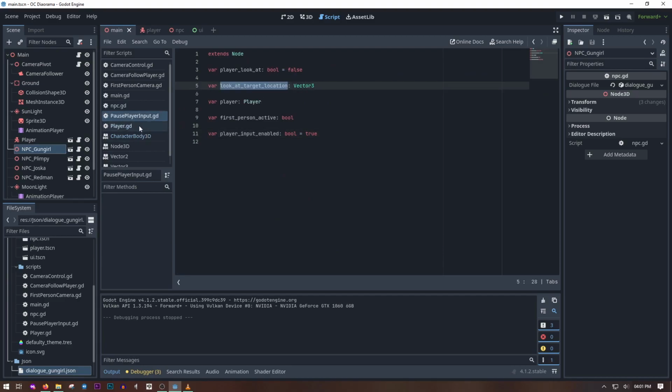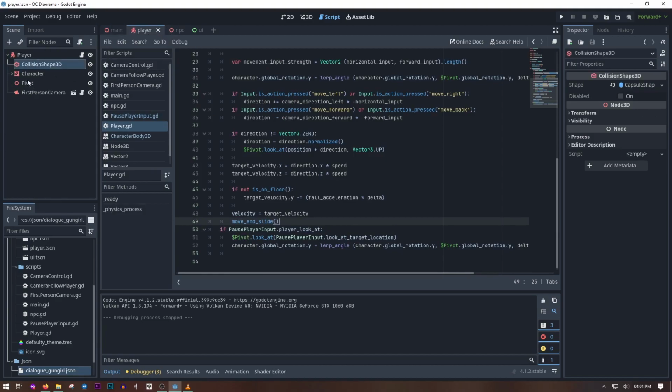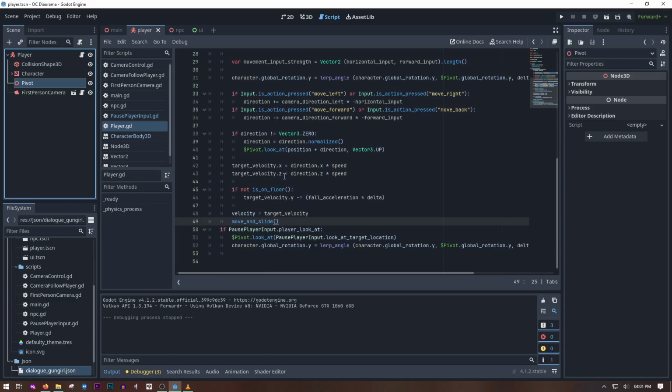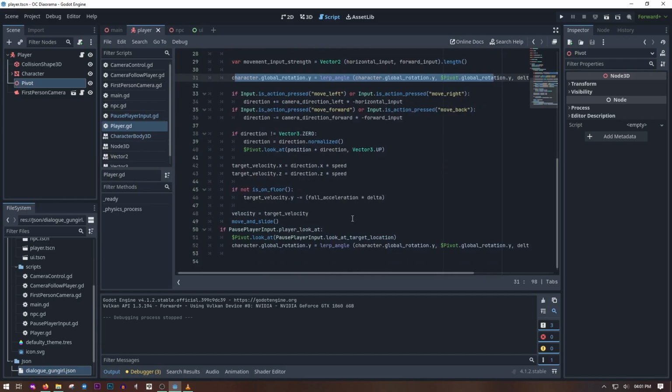Player look at is a bool, which means if this bool is true, pivot, so the pivot of the player, looks at it, and we know that the direction of the guy is this. So it follows the pivot, which means if you make the character look at anything, it'll smoothly move based on this bit of code. Pivot look at pause player input dot look at target location, which is a Vector3. So it looks at a target location, and we define that in the NPC part.